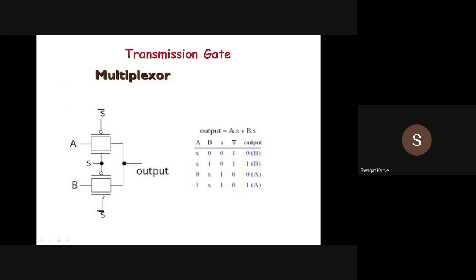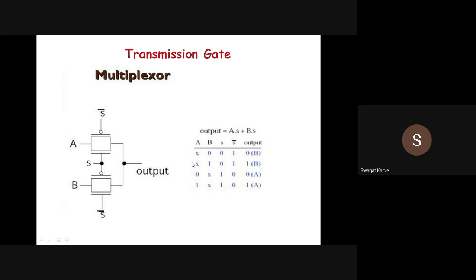That means the bottom MOSFET of the A and the top MOSFET of the B will be in conduction mode, and that's why whatever the input at the B pass transistor, that will get transmitted at the output side, right?